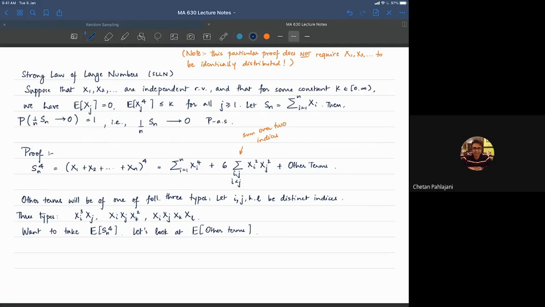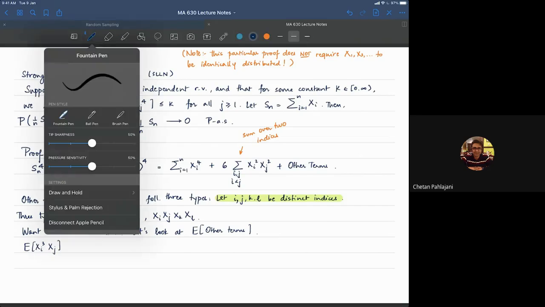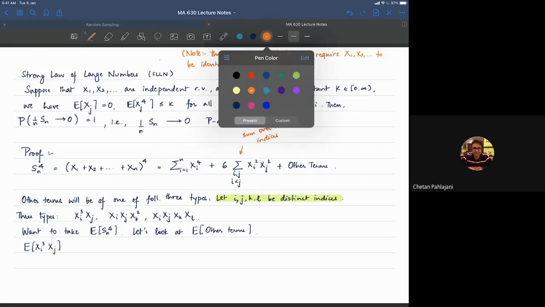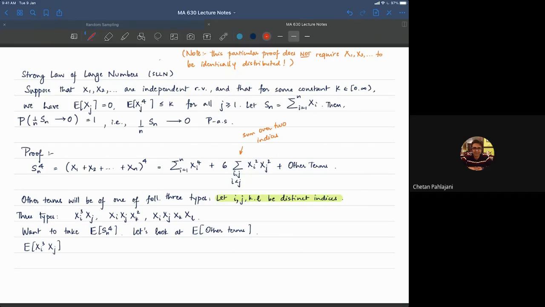Suppose I look at a term of the type x_i cubed x_j. Let me go ahead and decorate this a little bit. This is being used throughout: i, j, k, l are distinct indices. So when you're seeing i, j, k, and l, they are distinct indices.